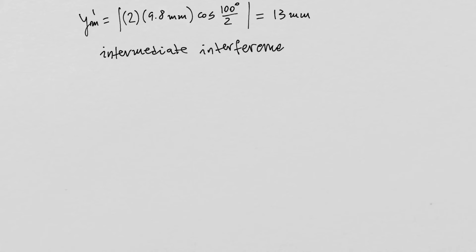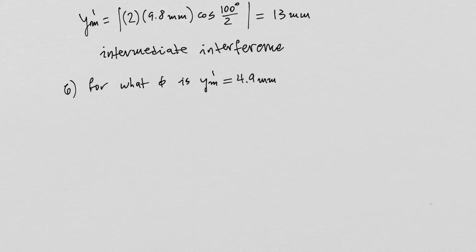Now I can ask sort of the opposite question, and this question would be, for what value of the phase phi is the resultant amplitude ym prime equal to 4.9 millimeters?